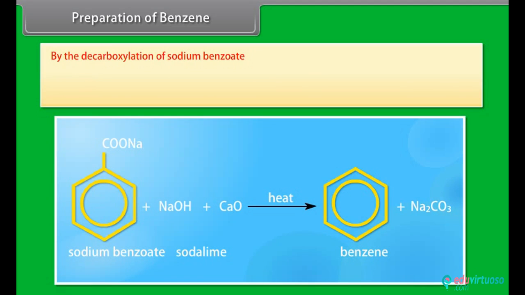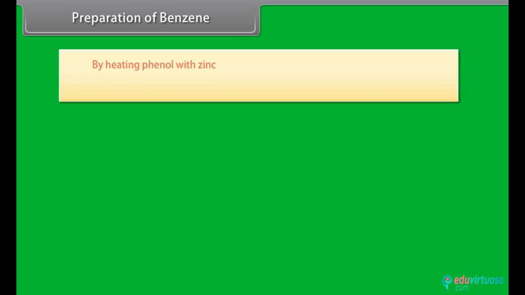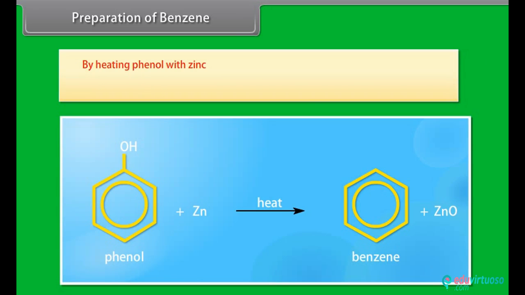Preparation of benzene. By the decarboxylation of sodium benzoate. This method is used in the laboratory to obtain benzene. Sodium benzoate is heated with soda lime, and when it gets decarboxylated, that is, carbon dioxide is removed, benzene is obtained. By heating phenol with zinc.